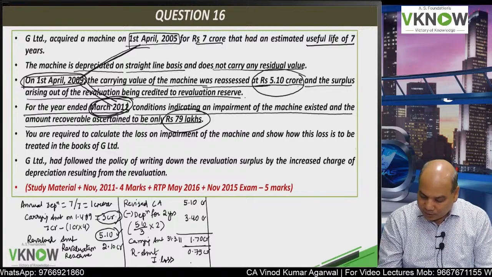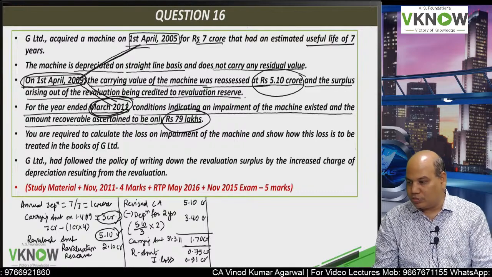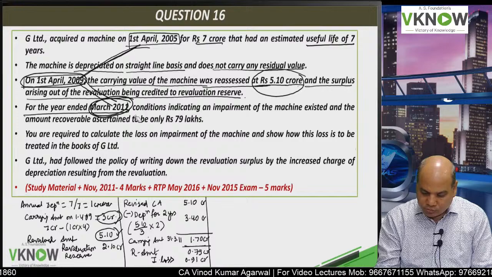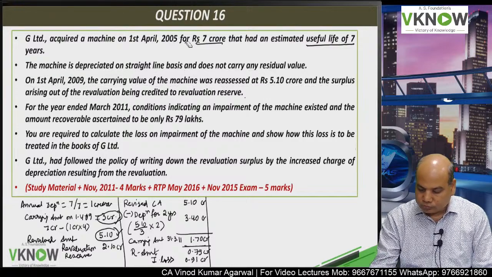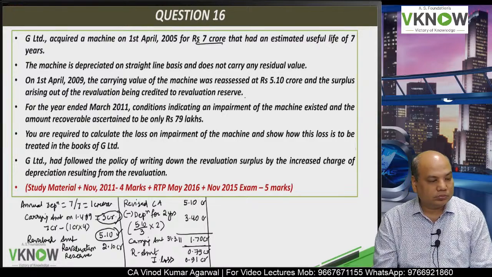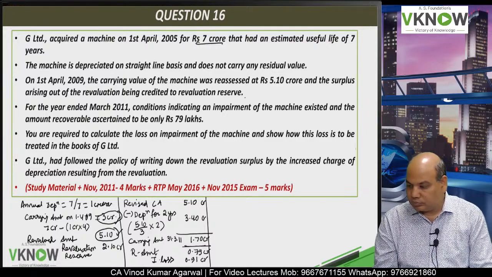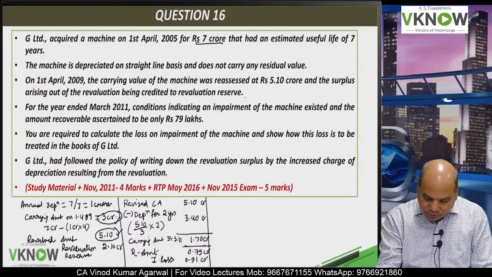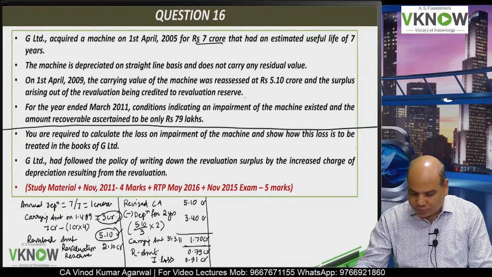So you have an impairment loss of 0.91 crore. Up to this we have understood. Any doubt? 0.91 crore. So we have completed the discussion up to this paragraph.